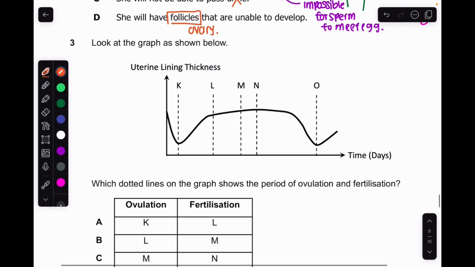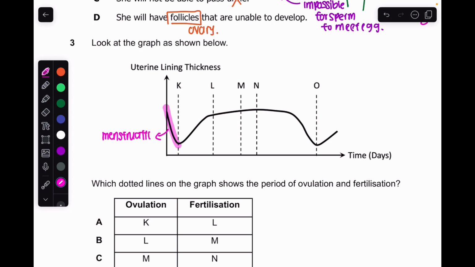Now, question 3, we are looking at a graph showing the uterine lining thickness over a period of time. If we look at this graph stage by stage, when I see the uterine thickness decreasing, I know this is probably indicating menstruation, because menstruation is the breaking down and shedding of the uterine lining, right?